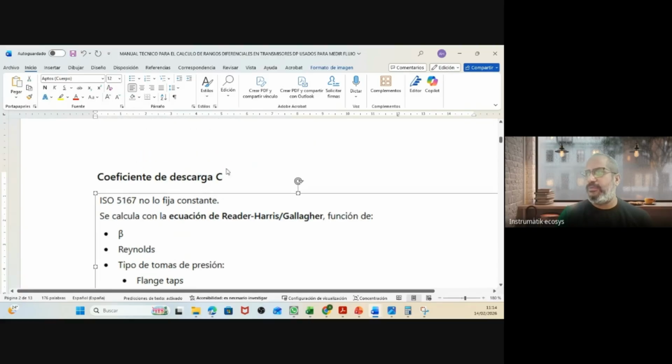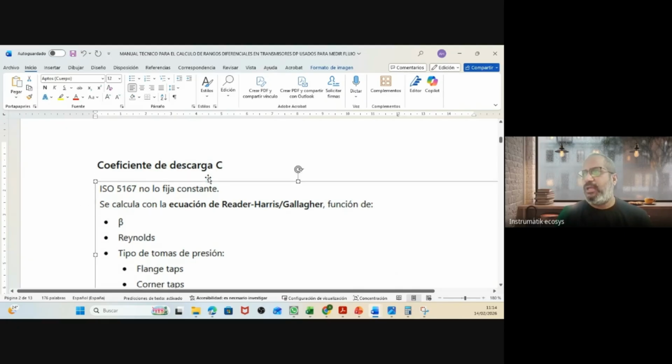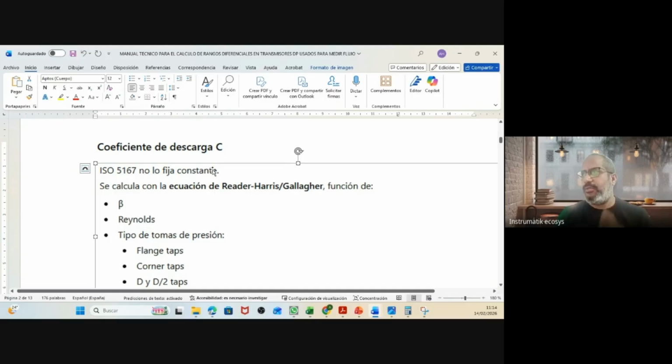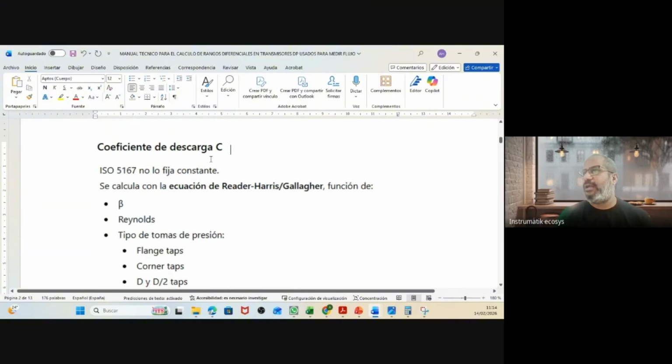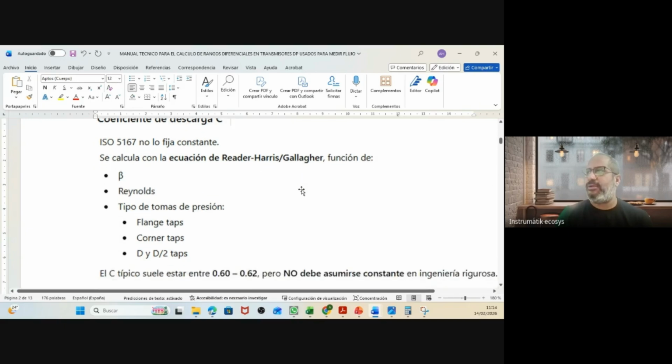Always try to remember the mass flow formula that we saw in the beginning, and this is the discharge coefficient, a very important parameter for the calculation. It is not a value fixed by ISO, but it is calculated by the Reader-Harris-Gallagher equation.